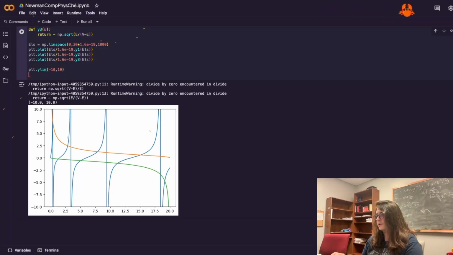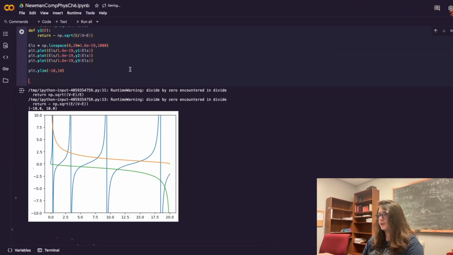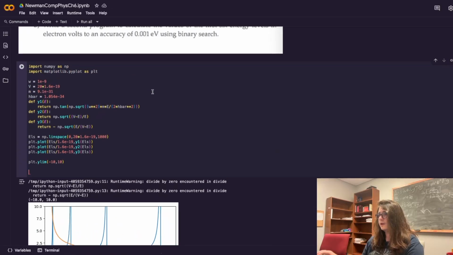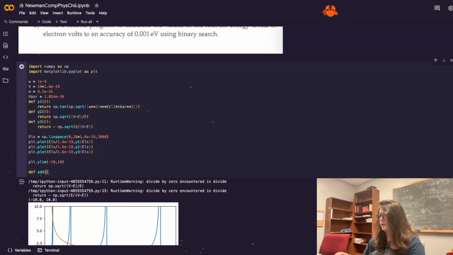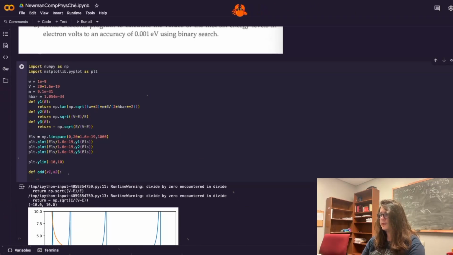So to do that, I'm going to do it in this same code cell here. I'm going to define 2 different functions to help us do the binary search. One of them is going to take care of the even numbered states, and one is going to do the odd numbered states. Let me do the odd first. Call it def odd of x1 and x2, because it is just going to do binary search.